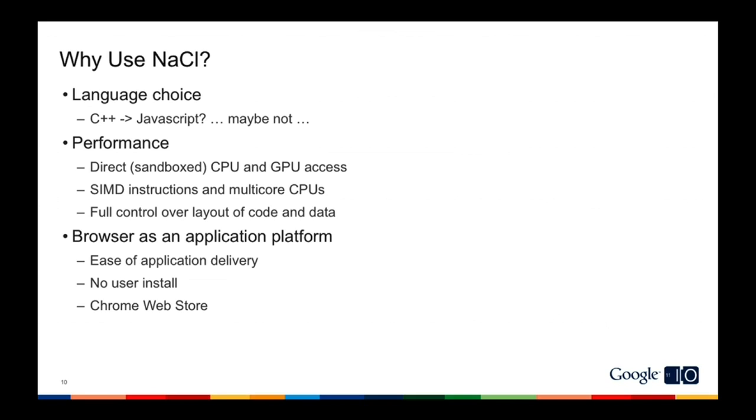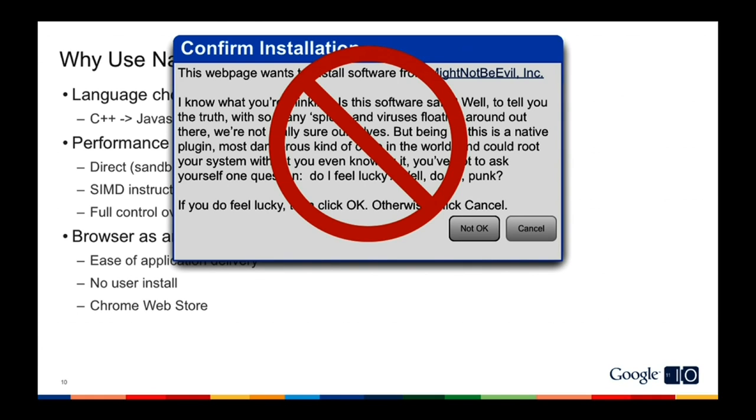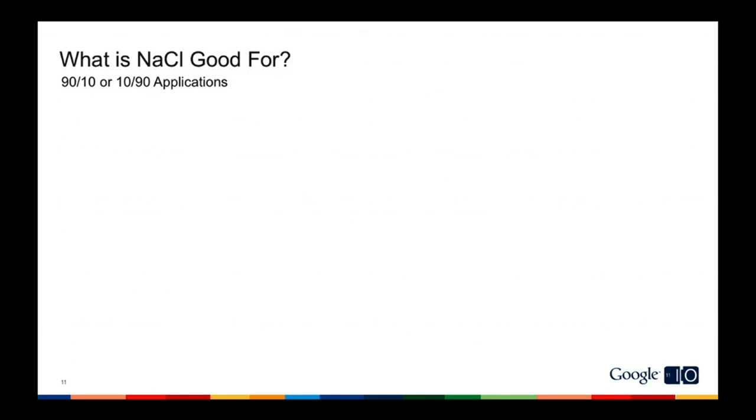There's no opting into trusted code, and do you trust this site, and so on and so forth. There's none of that. You just simply serve the NaCl module as part of your website. That's it. Plus, because it's a website, you're also in the Chrome Web Store, which is a plus.